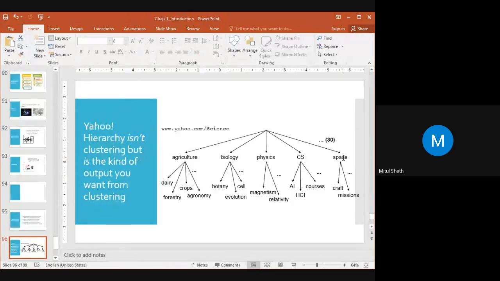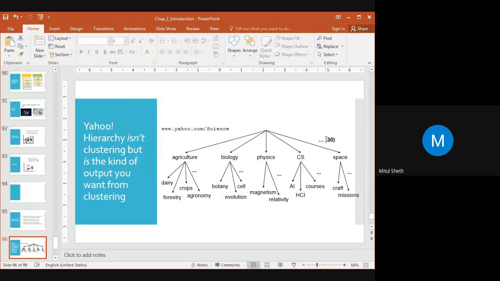Yahoo has about 30 such clusters available, defining the different topics. One cluster is agriculture, one is biology, one is physics. Whenever you are finding any document, you do not need to check each and every cluster.